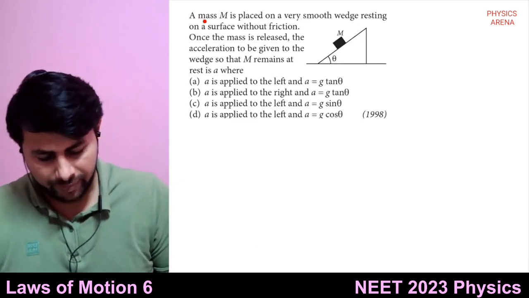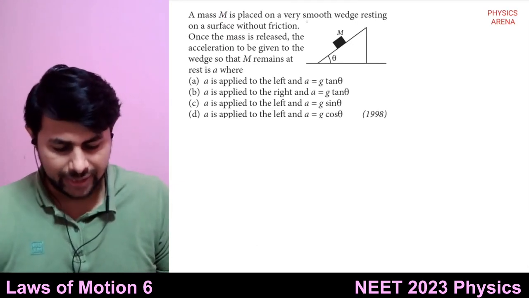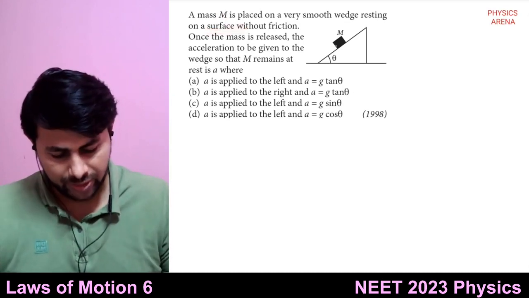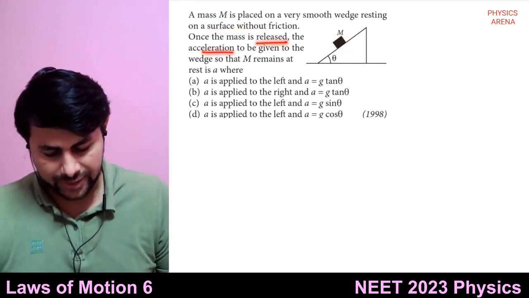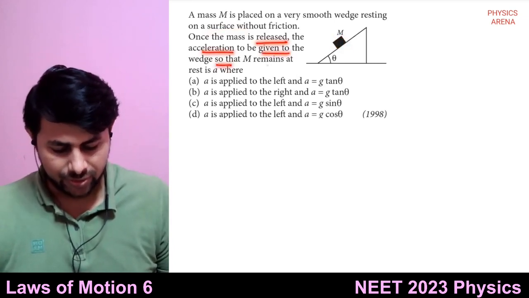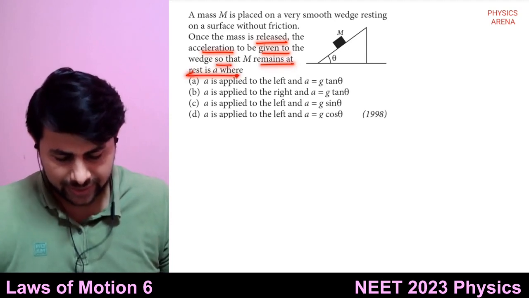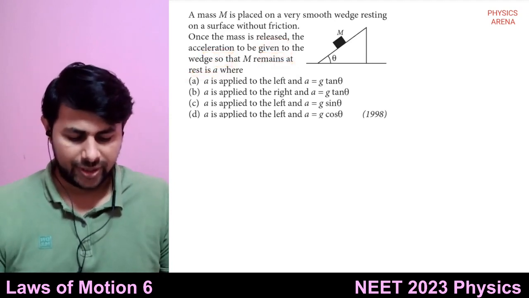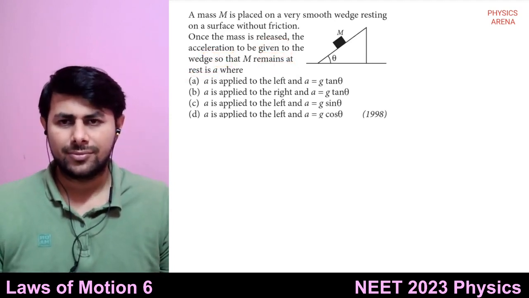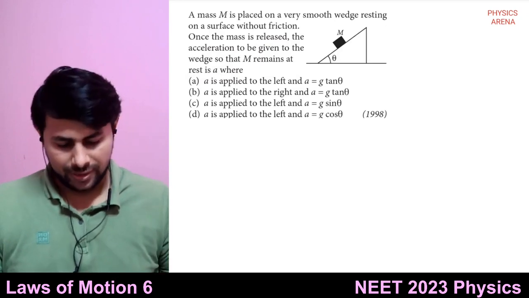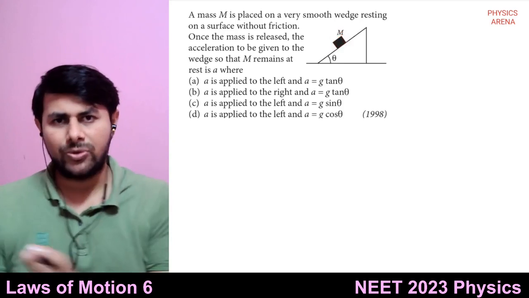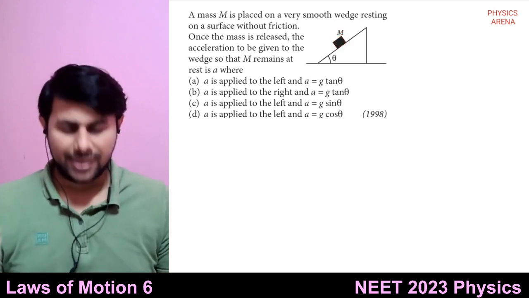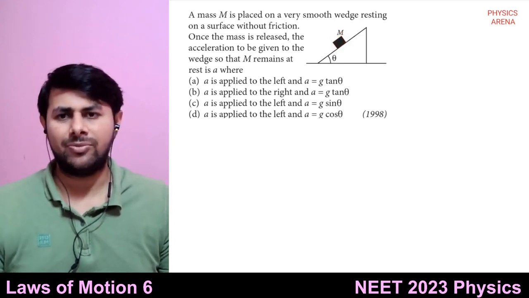So see, a mass m is placed on a very smooth wedge resting on a surface without friction. Once the mass is released, the acceleration to be given to the wedge so that m remains at rest is a, where? Okay, so m is released, m is kept there. And you are moving the wedge such that m doesn't fall.